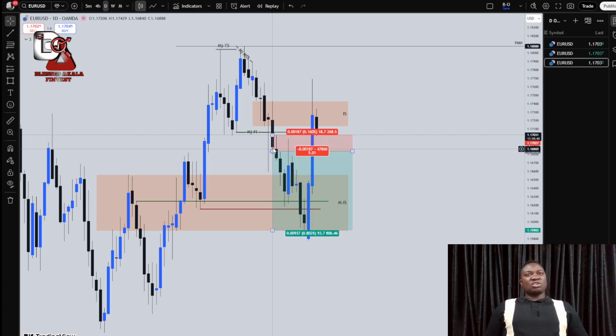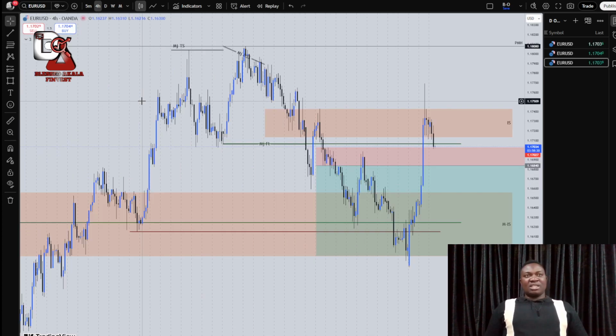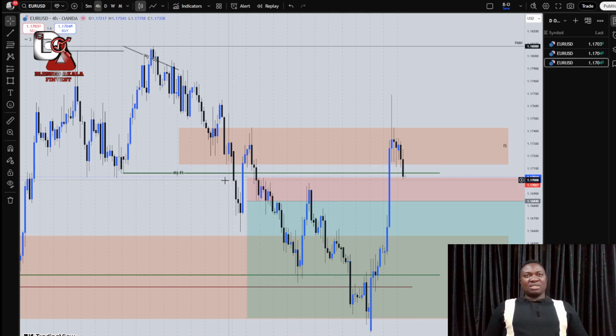This internal structure that was created here immediately after the break of this mitigation block could have easily been seen to have already mitigated; there is proper mitigation for that mitigation block. So this internal structure within this level would have easily been our entry, but we did miss out on it.